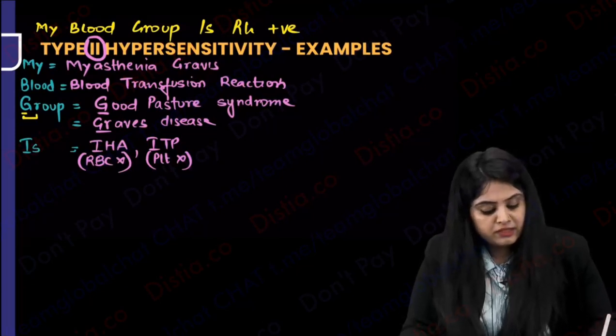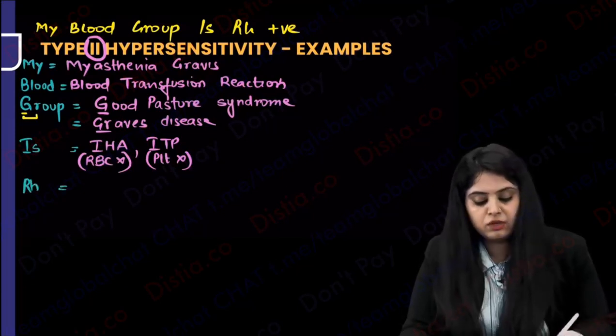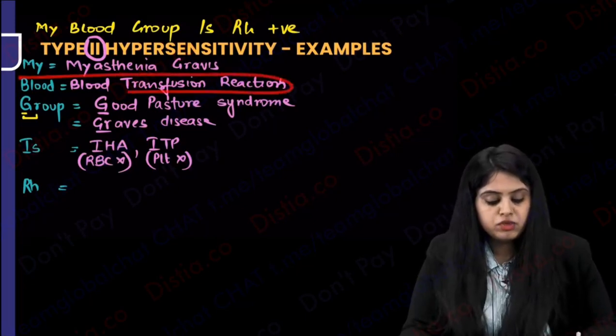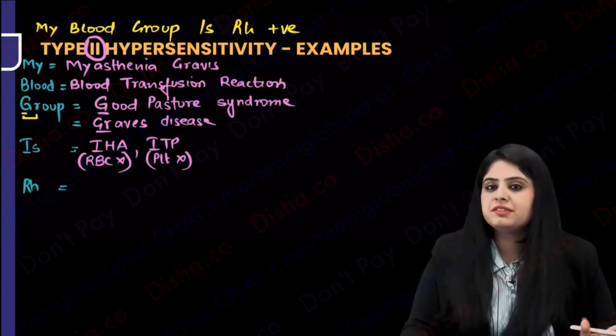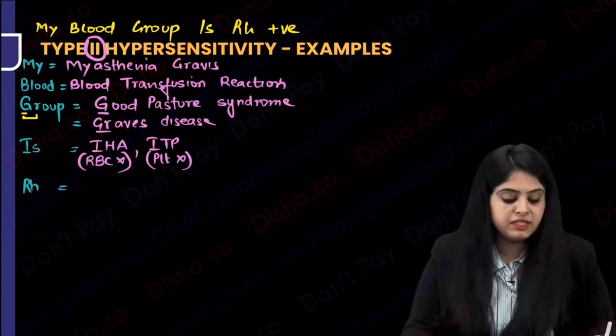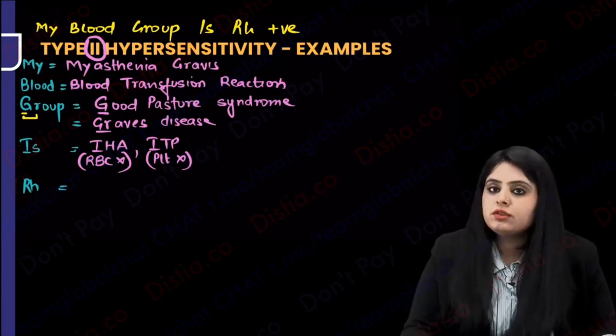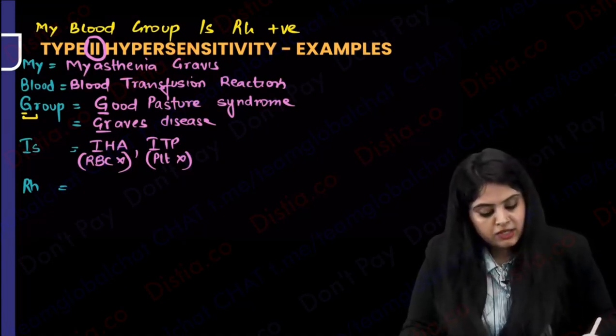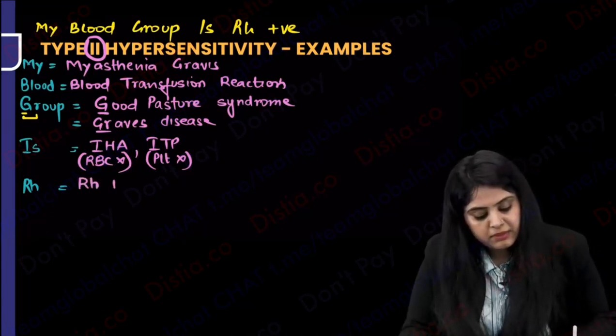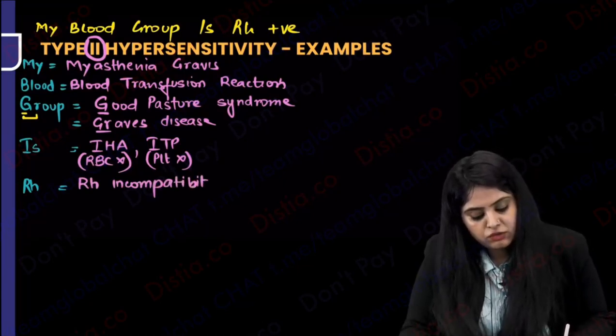My blood group is RH. So simple concept. If in blood transfusion reactions, A positive goes to B positive, or B positive gets A positive by mistake, then RH incompatibility is also going the same way. If an RH negative person gets RH positive blood by chance, that RH incompatibility is also going to happen over here, right?